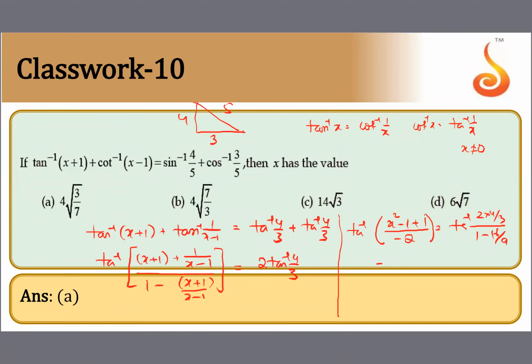We get minus x square by 2 is equal to 8 by 3 times 9 by minus 7, that is 24 by 7 with minus sign. Minus minus will cancel. X square equal to 48 by 7, and this implies x equal to 4 root 3 by 7. Option A.